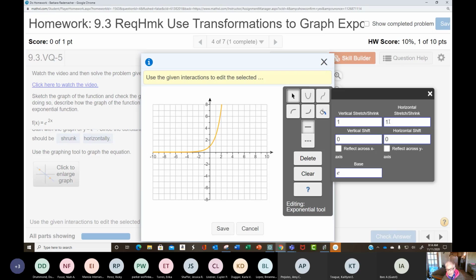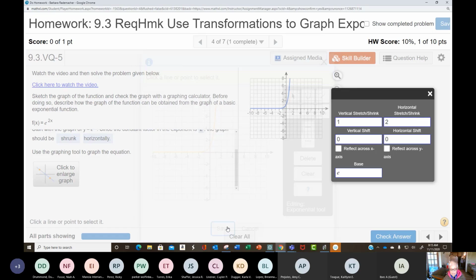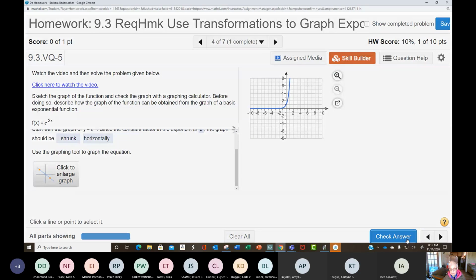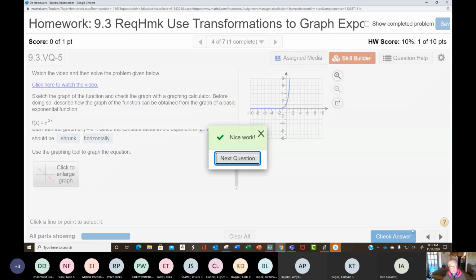And now I'm going to say 2, but it might be wrong because really we're going to be shrinking by a factor of 1/2. So let's see, I'm going to say 2 and we'll see if it gives me credit for it. I don't think it will. It did. Okay. Fine.